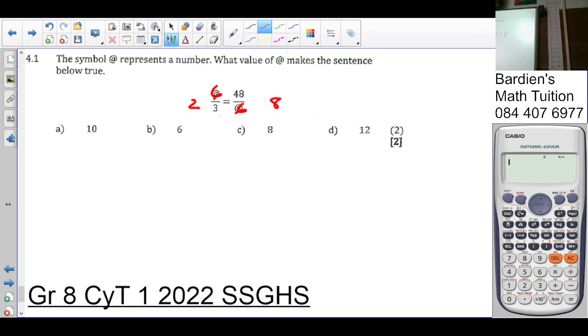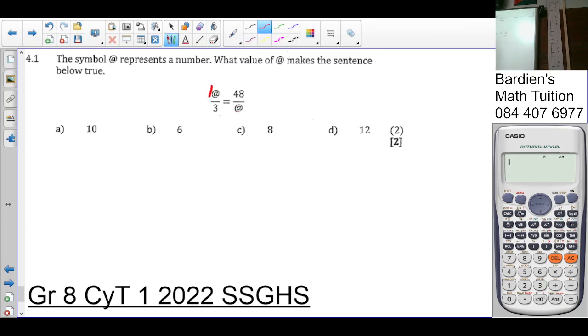No, not right. 42 is 7, 48 is right. Now who said no? Somebody said no. Okay, let's go again. 8 over 3, that is 6 here, no? So the sentence is not true.